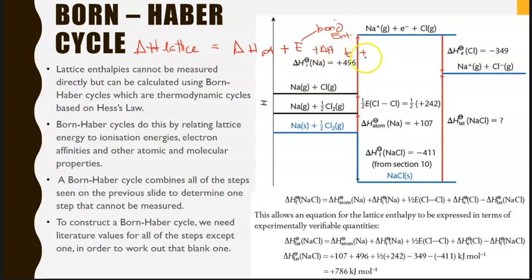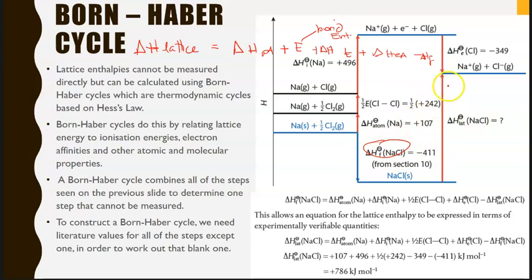So then our ionization energy, then we have delta H of our electron affinity, forming the negative ions, minus the delta H of formation, which is this one here, which we get from our data booklet as well.